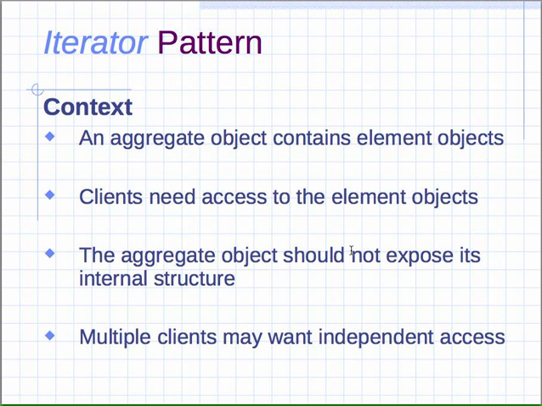So iterators should work whether this list is a linked list or an array list or a vector. No matter how the internal data structure works, the aggregate object, like vector, should not expose its internal data structure. Multiple clients may want independent access to individual objects in this aggregate.